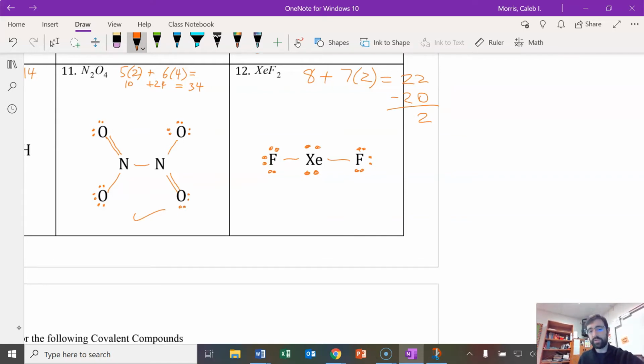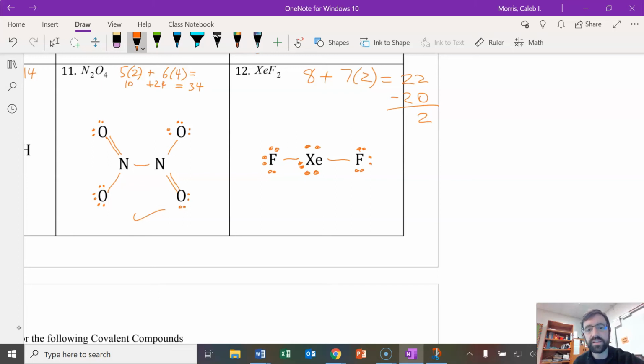Now, you may say, well, what can I do with that? I mean, they're all happy. They all have 8 valence electrons. Well, remember, you can have more than 8 valence electrons on the central atom. So what we're going to do is put those leftovers on xenon. The outsiders always need to be happy.